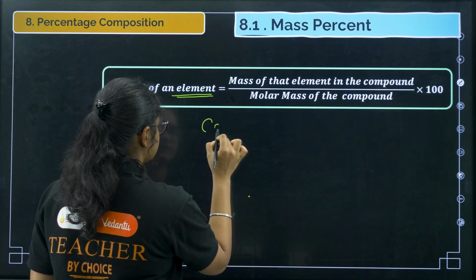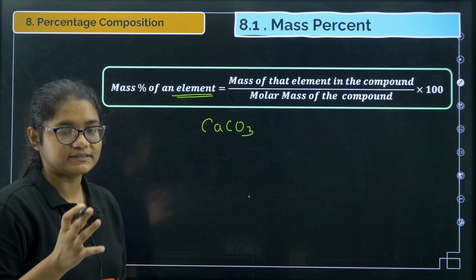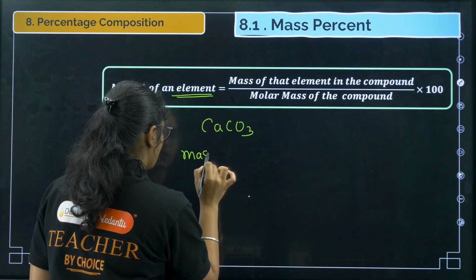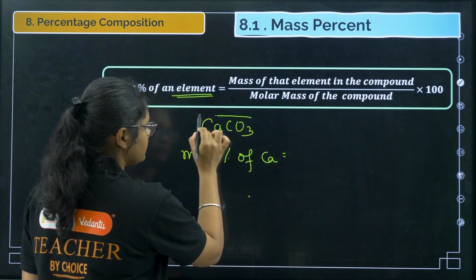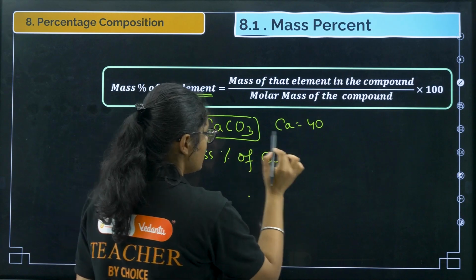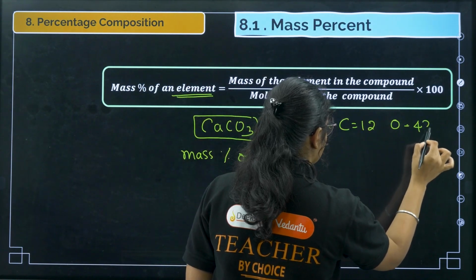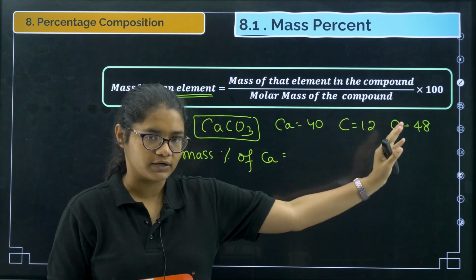Suppose we have calcium carbonate. You want to calculate the mass percentage of each element. So I can say, what is the mass percent of calcium? If you see the mass, calcium is 40, carbon is 12, oxygen is 48, right, each oxygen is 16, there are 3 oxygens, so the total is 48.